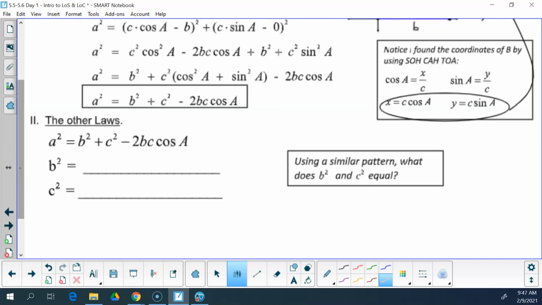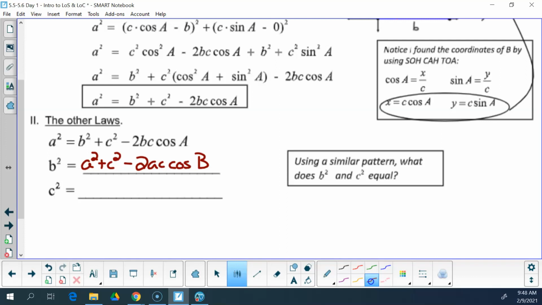So yes, a squared is equal to b squared plus c squared minus 2 times b times c times the cosine of a, but also that b squared is equal to a squared plus c squared minus 2ac cosine of b is the second law of cosines.